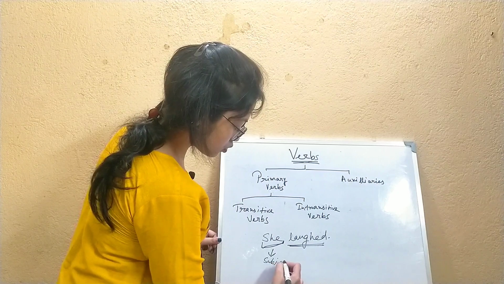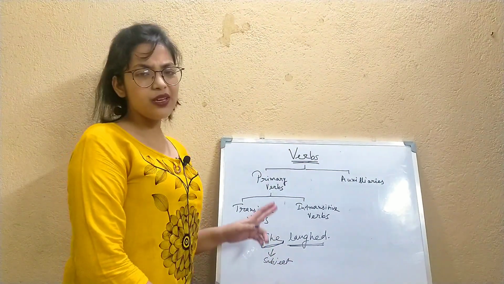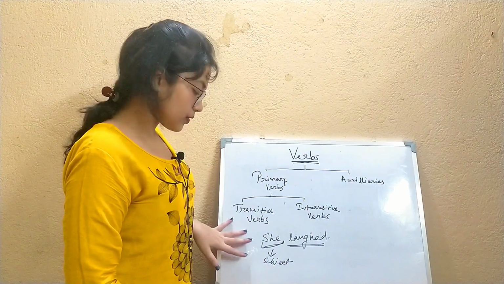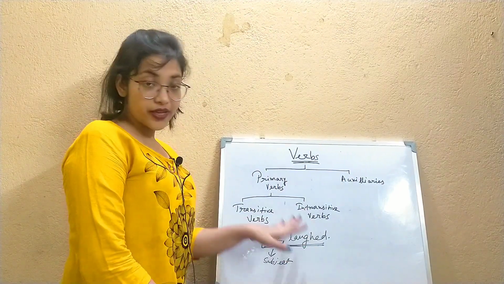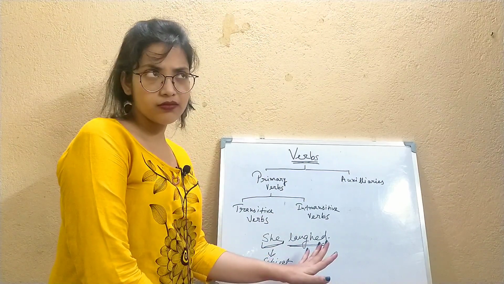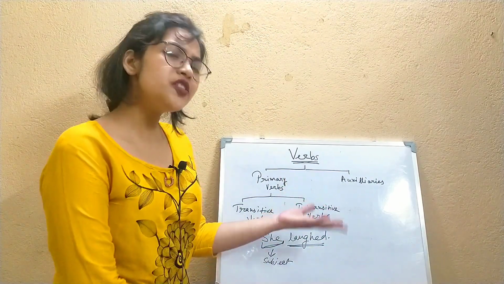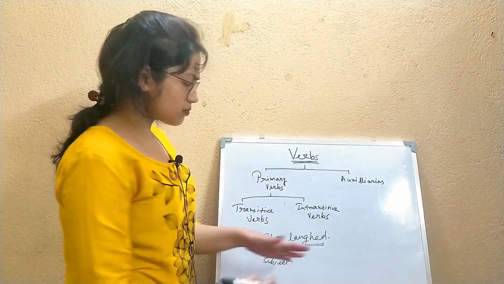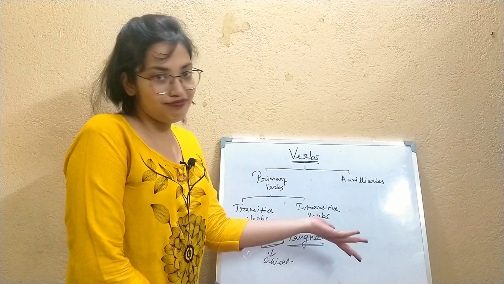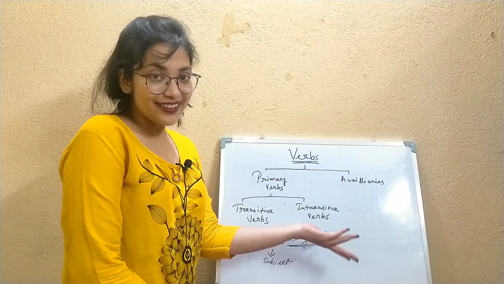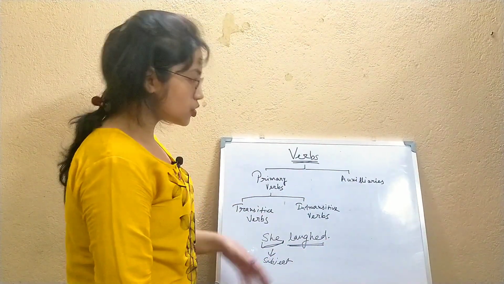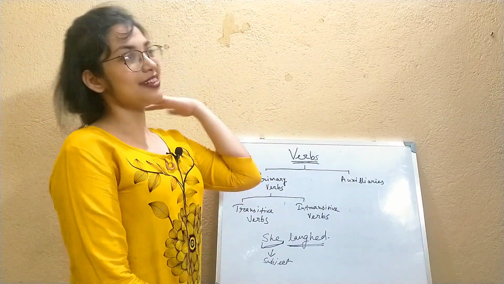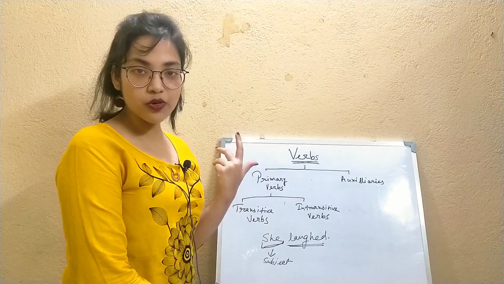Okay, so can we raise any question against this subject? Here it has been written that she laughed. How did she laugh? When did she laugh? Has it been stated here? No, we don't have that, right? We don't have anything like she laughed at the time she was cracking jokes.